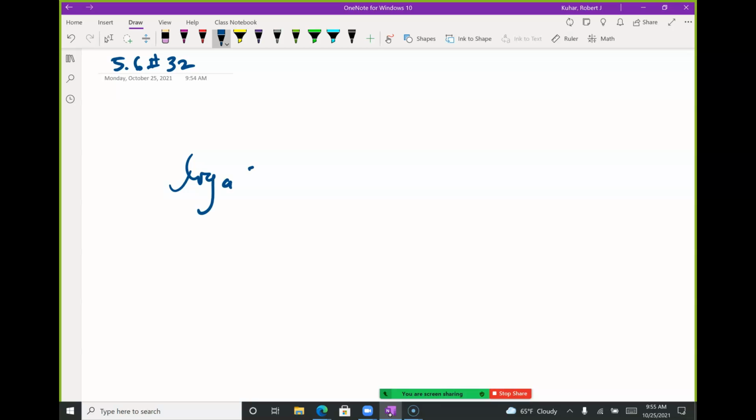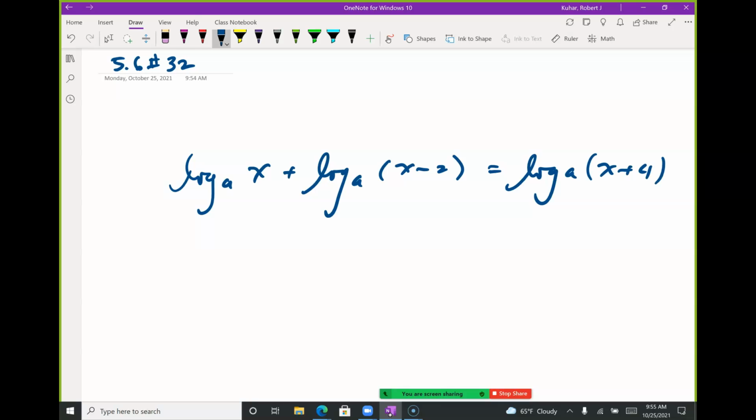Log base a of x plus log base a of quantity x minus 2 equals log base a of x plus 4. Well, on the left side, I've got a sum of logs, so I could turn that into a product, right?